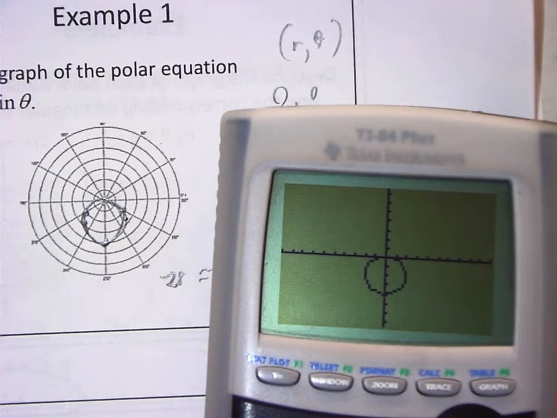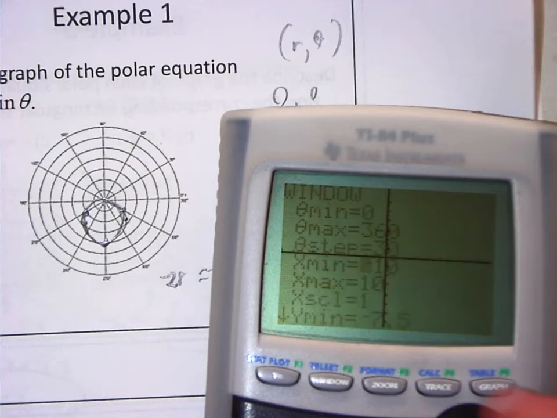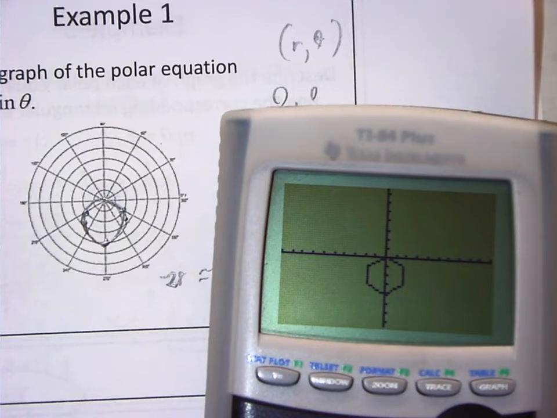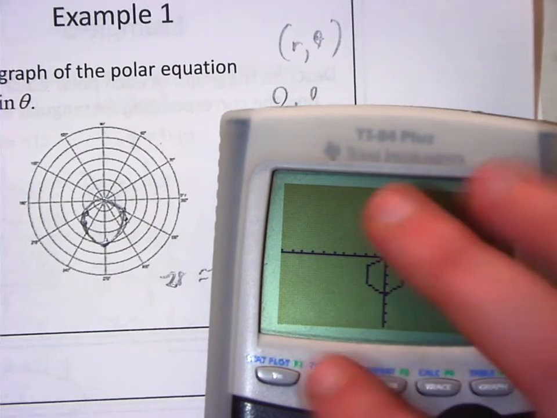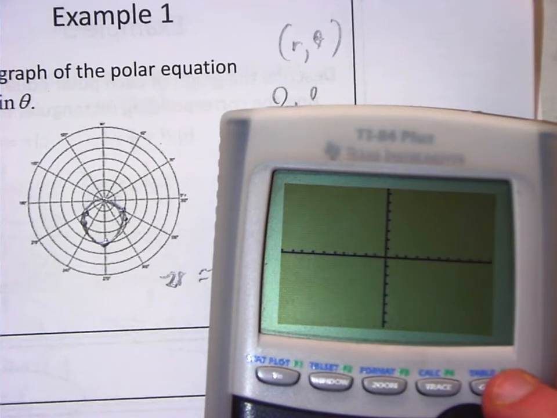If you're doing it too much, what the calculator is doing, because of the steps, especially on the newer ones, if I make those steps too big, so if I made this like every 30 degrees, see how I get a hexagon? Because it's plotting individual points and then connecting those points. So if I up this to like 90 degrees, actually no, 90 degrees is just giving me 0, 0, 0, 0, so it's not drawing anything.